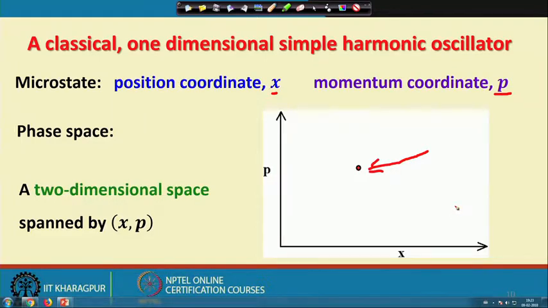Of course, this is the simplest possible visualization of the phase space of this single classical one-dimensional simple harmonic oscillator. But of course, as you understand, in an ensemble, we are going to have not only a single point, but it is possible that we are going to have many microstates obeying the same conditions of the macroscopic thermodynamic state.